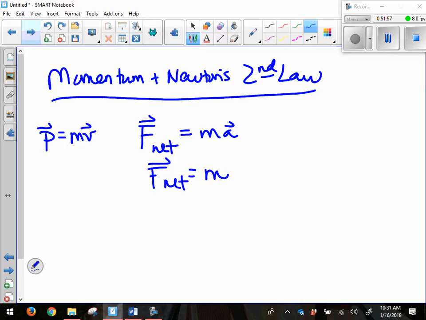What's another way I can write acceleration? The derivative. You can always write it as dv dt.